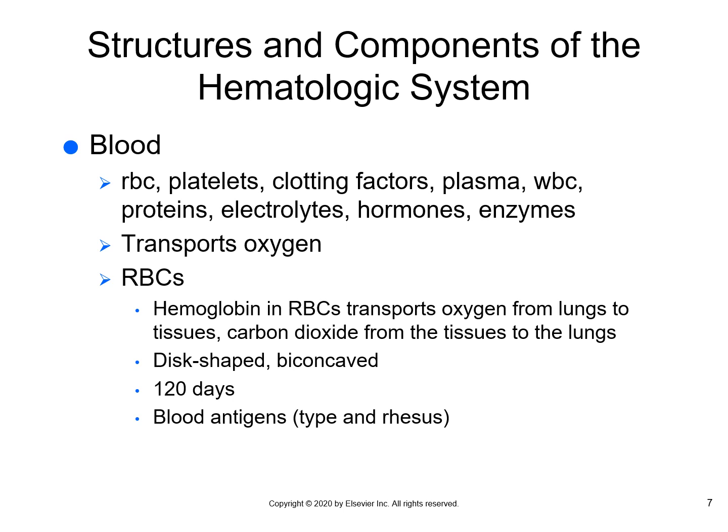There's hemoglobin in the red blood cell that transports oxygen from the lungs to the tissues, and then transports carbon dioxide from the tissues to the lungs and out from the body. RBCs are disc shaped, biconcave, and the lifespan is 120 days.